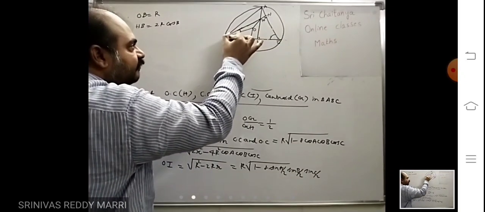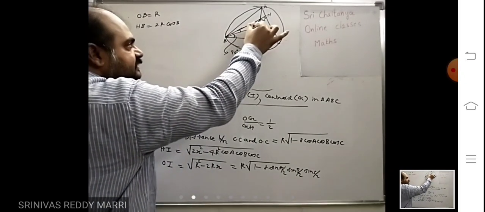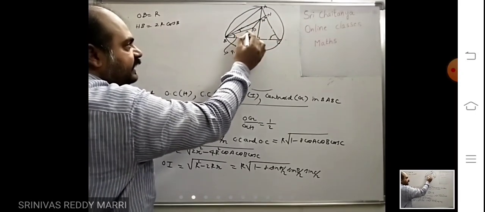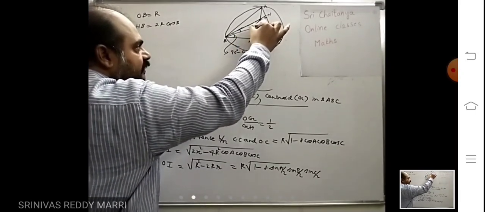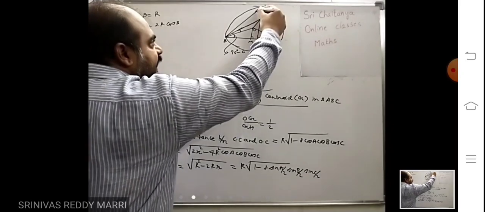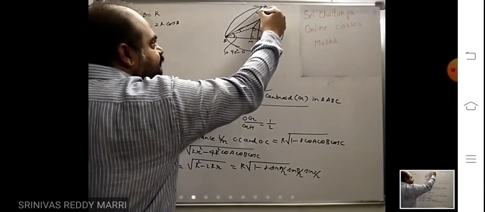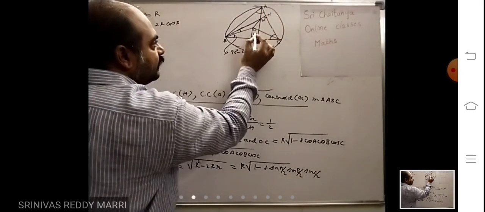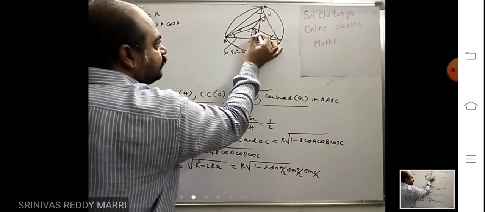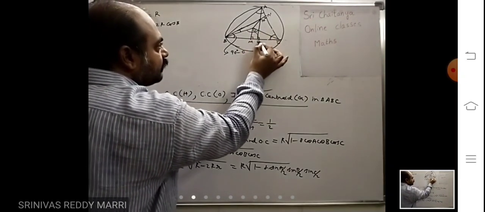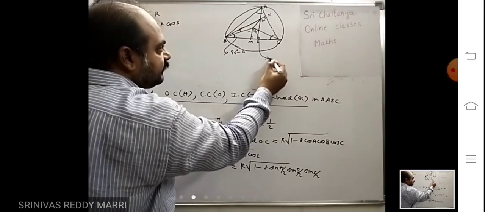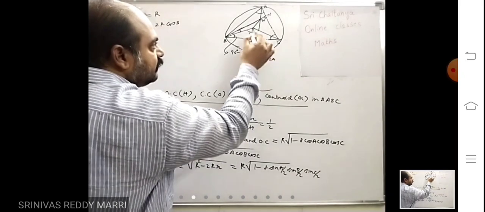Because O is the circumcenter, OB is a radius. This angle at the center is 2A, where the angle at the circumference is A. This complete angle is nothing but 2A.